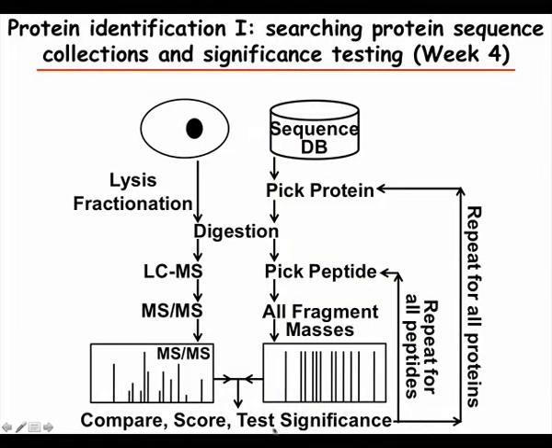That means we want to make a distinction between whether this is a random match or significant. There's quite a lot of randomness to this matching, because first of all we measure the mass with finite accuracy, although nowadays we have very good accuracy.